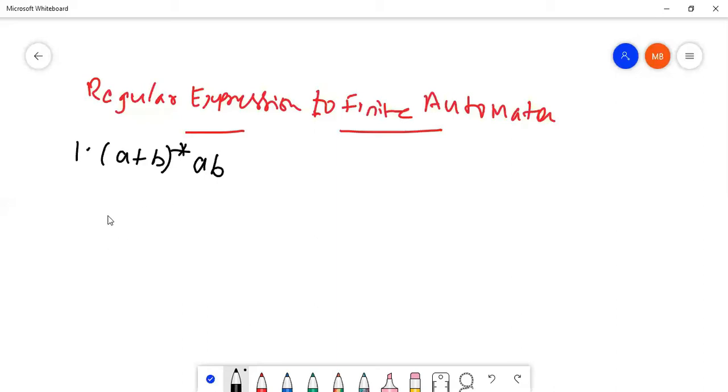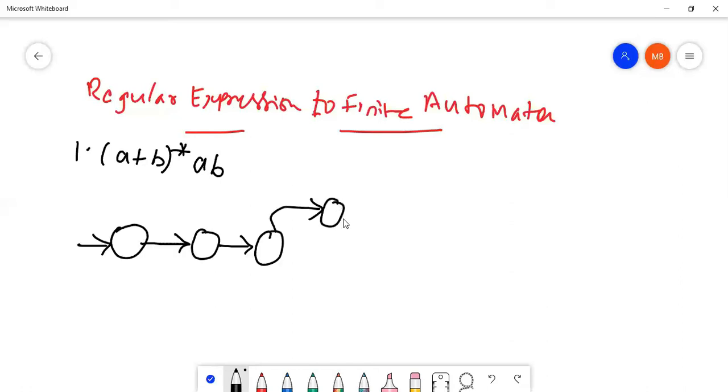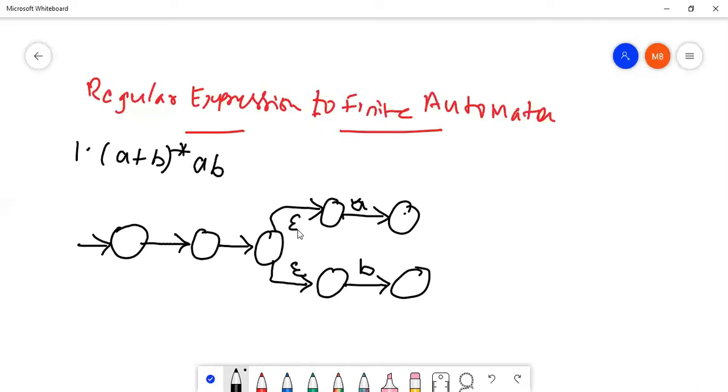Okay. It is a plus b whole star. This part I am taking care of for a plus b. You can easily observe, this is a, this is b. So we know we need to use epsilon to fill this. This is done.